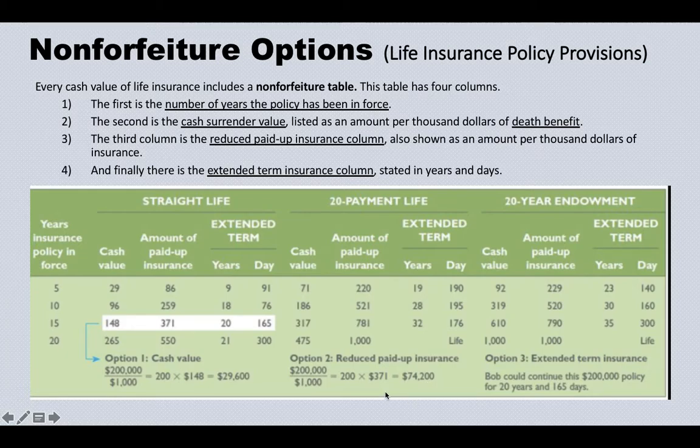So you can just say we're going to do a reduced paid up insurance. When you die, you get a death benefit of $74,200 with your $29,600, the cash value as a single premium.